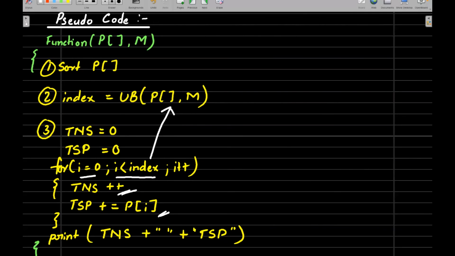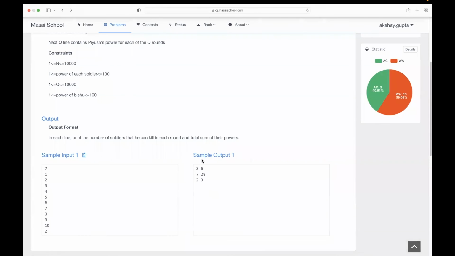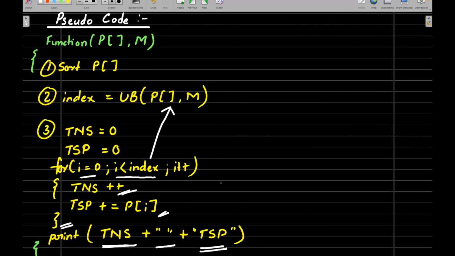After the end of the for loop, we can print the total number of soldiers killed by Piyush, then the total sum of powers of soldiers killed by Piyush. So that's all.